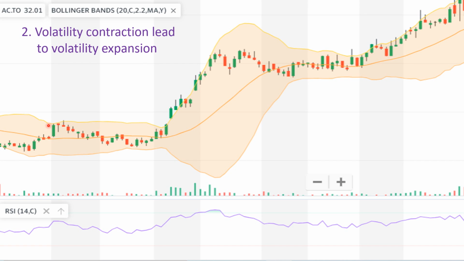In this graph, we see when the two bands contract, here and here, and come close to each other, the volatility is at its lowest level on both sides, the trend is in consolidation and build-up, and the moving average is flat. That means volatility is at its lowest level.